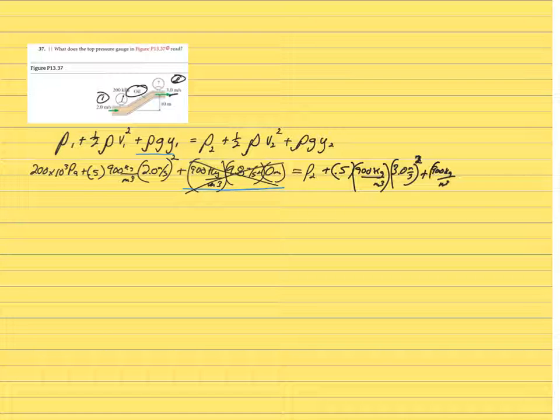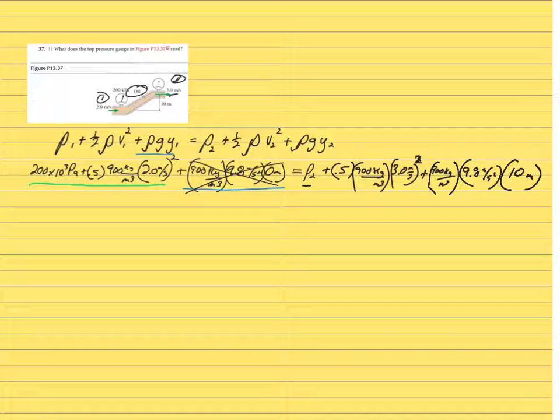Gravity's still 9.8 meters per second squared. And y2 is at 10 meters. I'm solving for this thing here, so we're going to have to do some math. That needs to be done first.